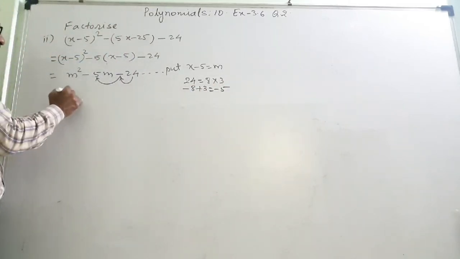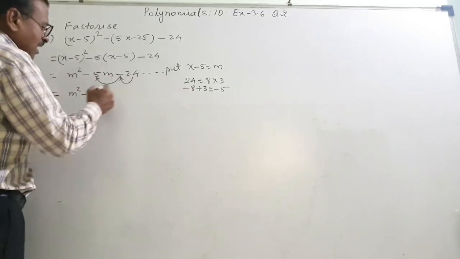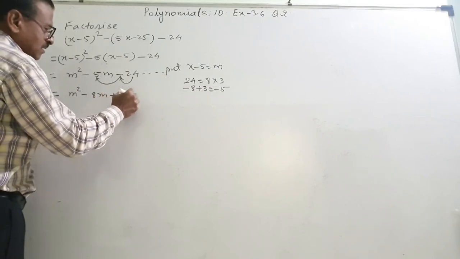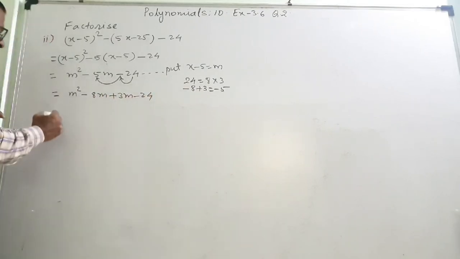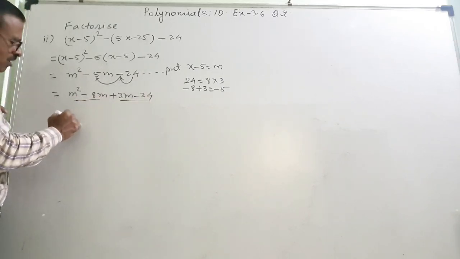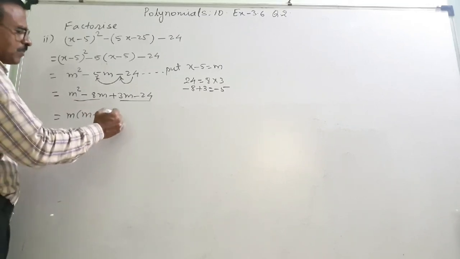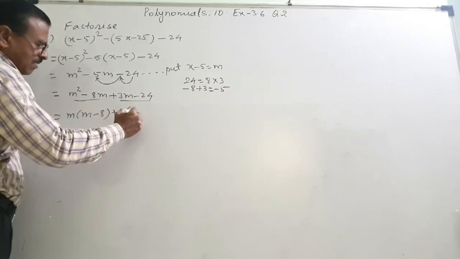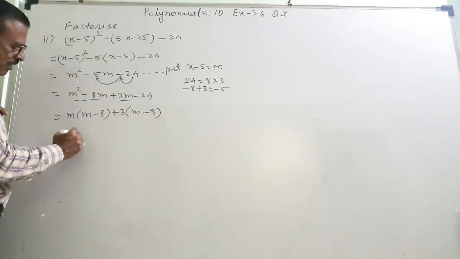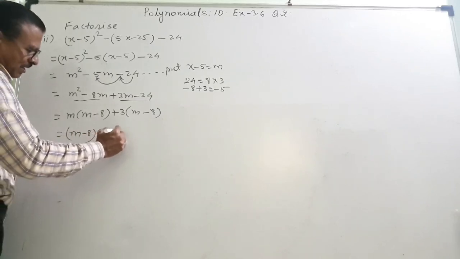So this is equal to m square minus 8m plus 3m minus 24. Now make two groups: m is common, m remains, m minus 8, plus 3 is common, m minus 8, that is equal to (m minus 8)(m plus 3).